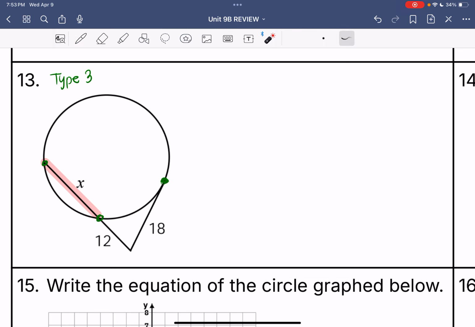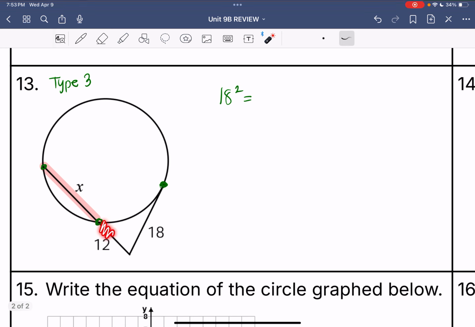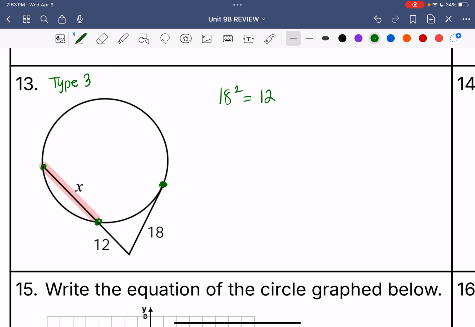So you get your tangent, the one that touches only once, and square it. So 18 squared equals the product of the piece outside, so that's 12, times the length of the entire line. So I would need to know how long this entire line is.